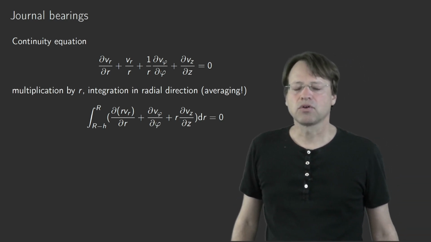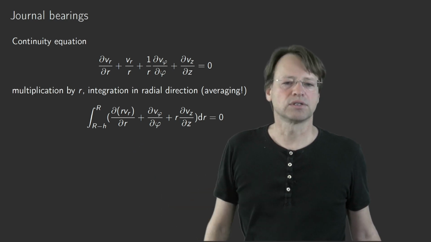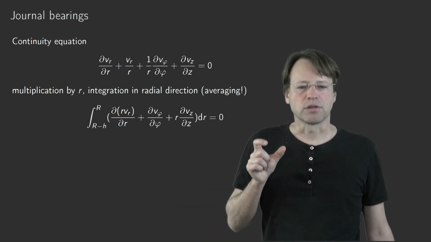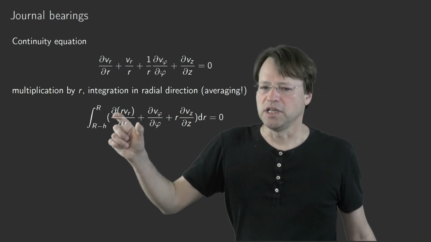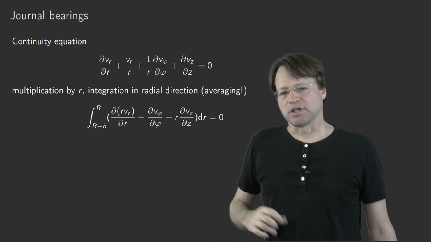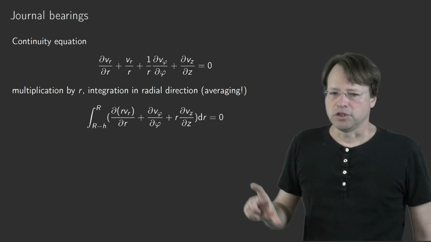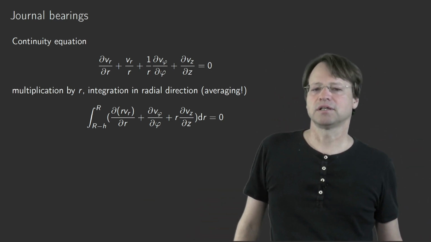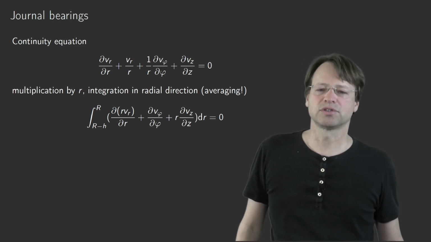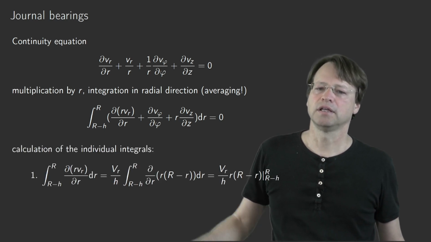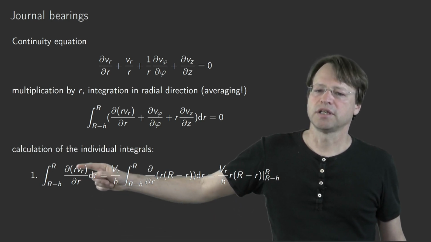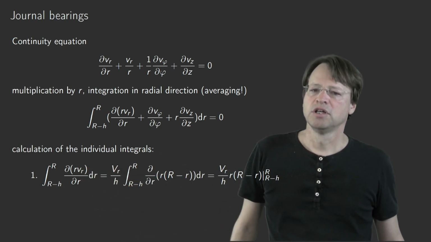You can imagine that the computation of these integrals is quite involved, and therefore we split this computation in three parts. We compute each term separately. So there's just some space here on that slide. I would like to start with the first integral, this one. So we integrate from r minus h to r, that expression.